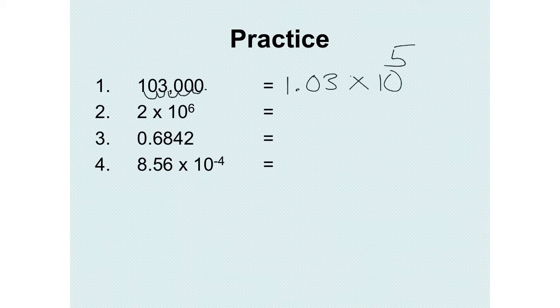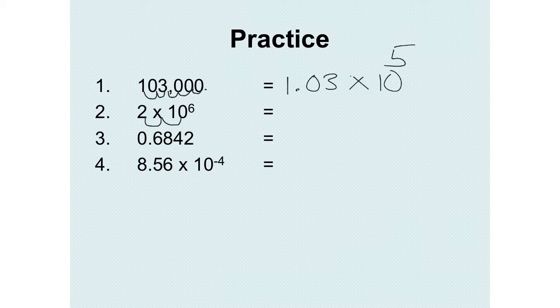All right, number 2 is reverse. So I have the scientific notation. I need to turn it into the number. So 2 times 10 to the 6. So basically I'm going to take 2 and move the decimal 6 spots. Now, since my exponent is positive, I need to end up with a number greater than 1. So therefore, I would need to move the decimal to my right-hand side, because that would give me something greater than 1.